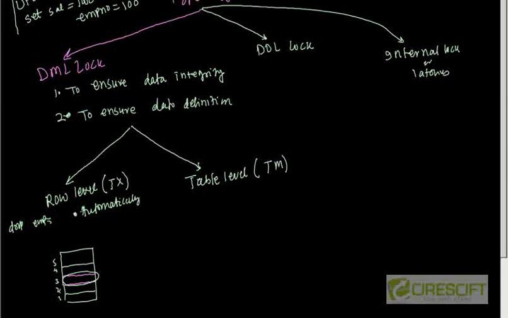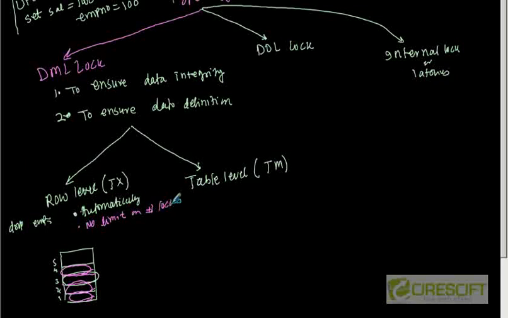For example, this update statement may be part of a transaction, and after this update, in a PL/SQL for loop, I update all other rows. In that case, there will be a TX lock, or row level lock, for each row of the employee table.